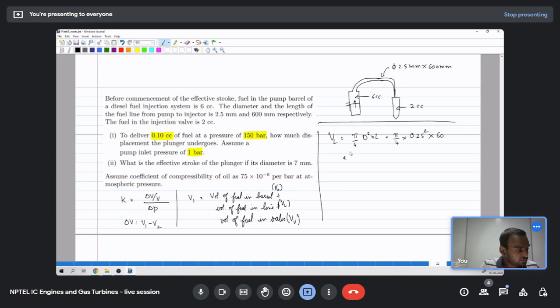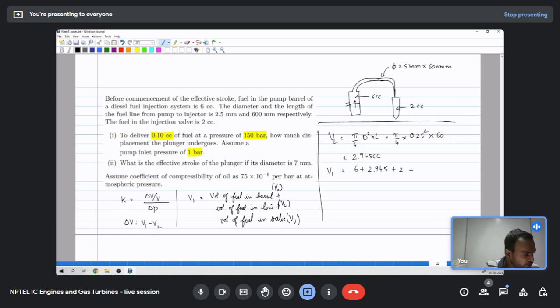So this is 2.945 cc. So V1 we know is the sum of all three: for the barrel it is 6 cc, plus for the line it is 2.945 cc, plus for the valve it is 2 cc.